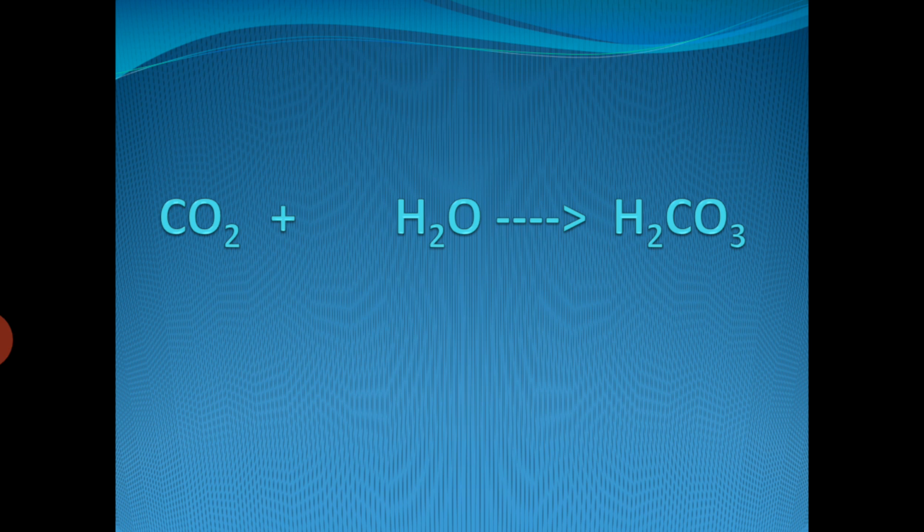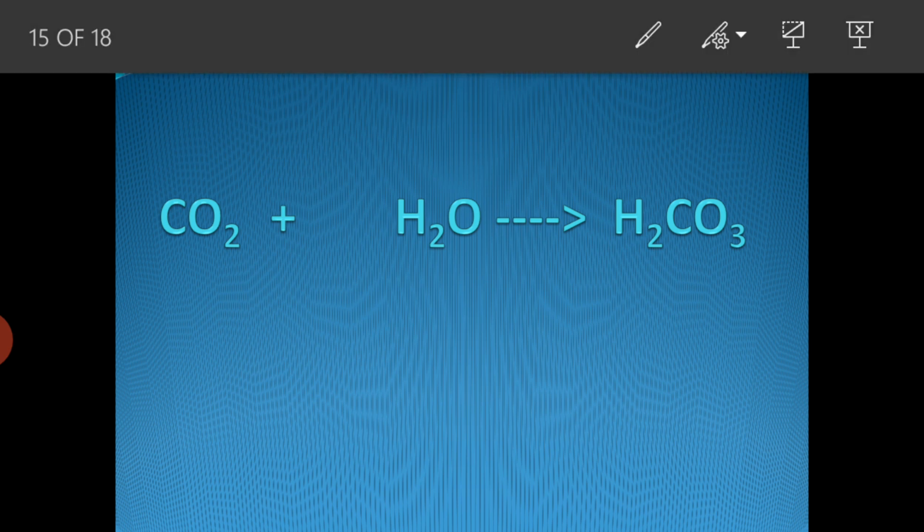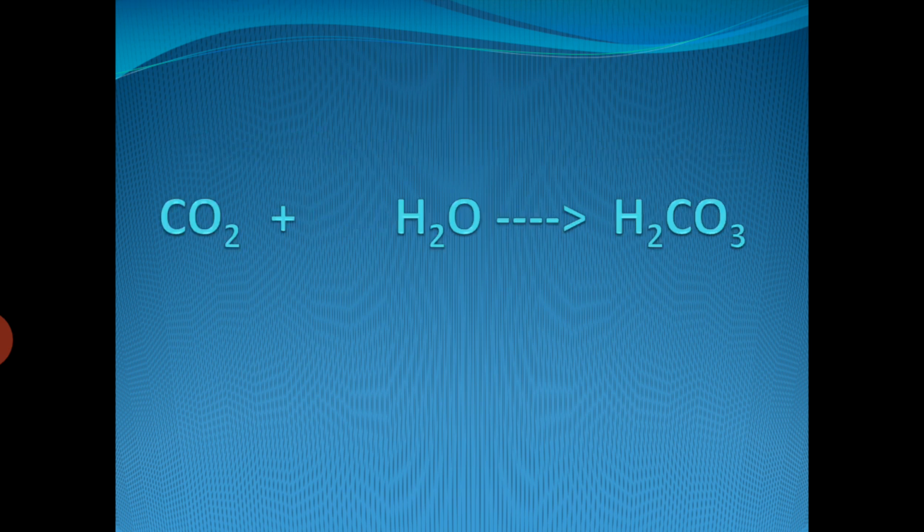When carbon burns in the presence of oxygen, it gives carbon dioxide, and when this dioxide dissolves in water, it forms an acidic solution. That's why the pH value of this solution will be nearly 5, that means less than 7. When carbon dioxide dissolves in water, it forms carbonic acid, that is H2CO3.